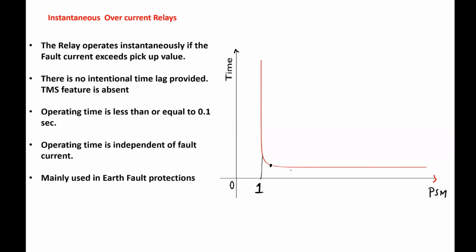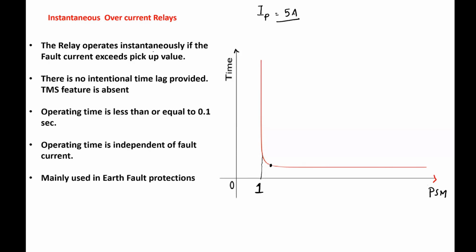So the relay operates instantaneously without any time lag if the fault current exceeds the pickup value. The only criterion is that it should exceed the pickup value. Suppose the pickup value is 5 ampere. Even at 5.1 ampere, it will trip immediately, without any time lag.